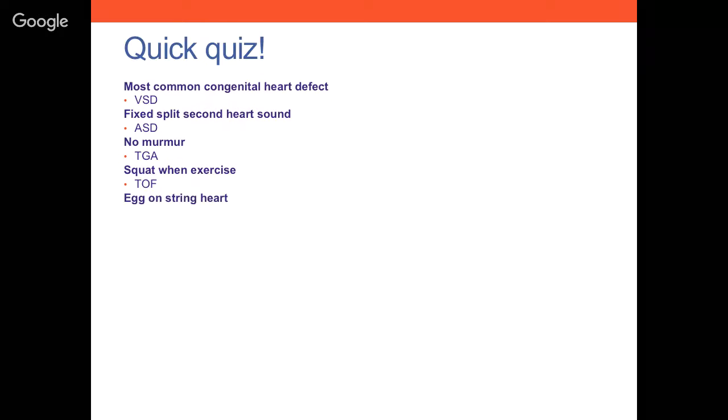Egg on a string. Yeah, beautiful. Bounding pulse. Yeah, so public displays of affection, bounding towards their lover. Oh, no pulse. Nailed it.